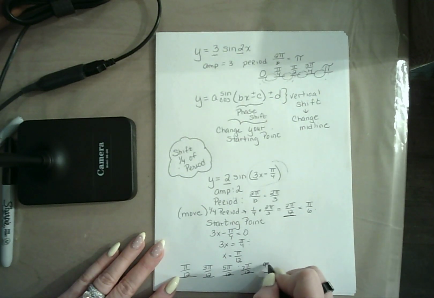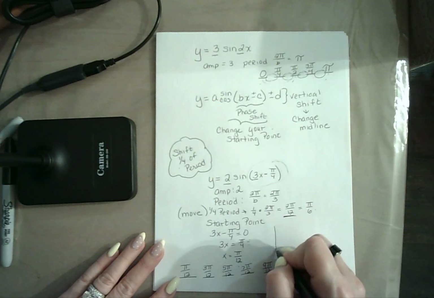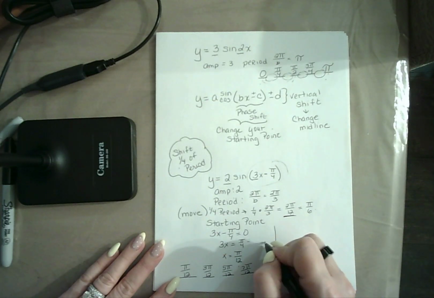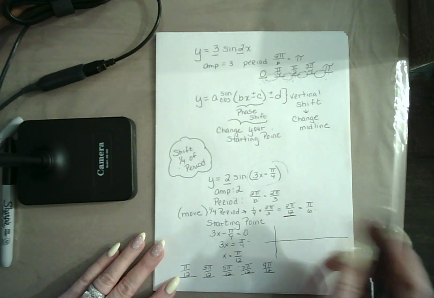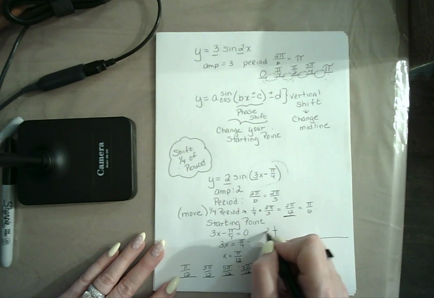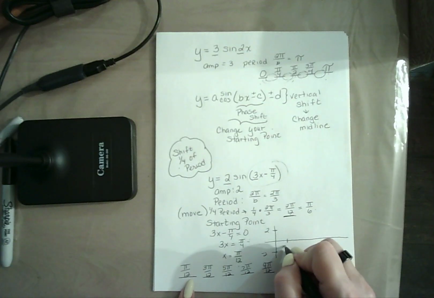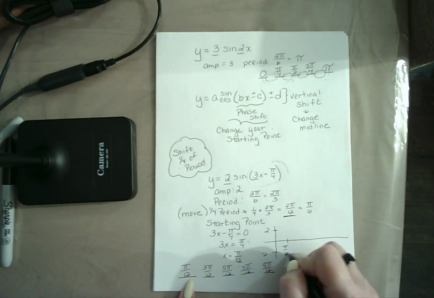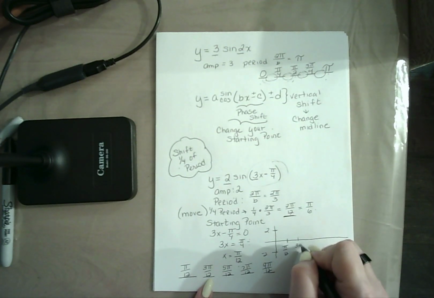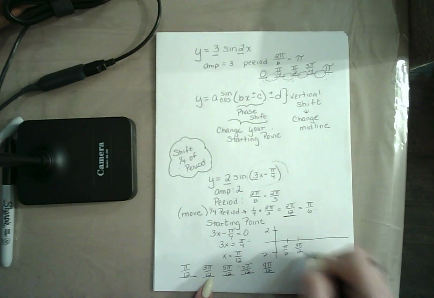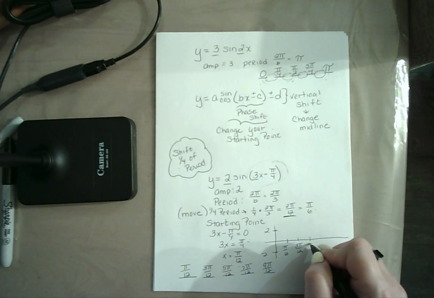Plus 2 is 9/12. So when I graph that, my amp was 2, -2. We're now not starting at 0, we're starting at pi over 12. Then 3 pi over 12. Then 5 pi over 12.